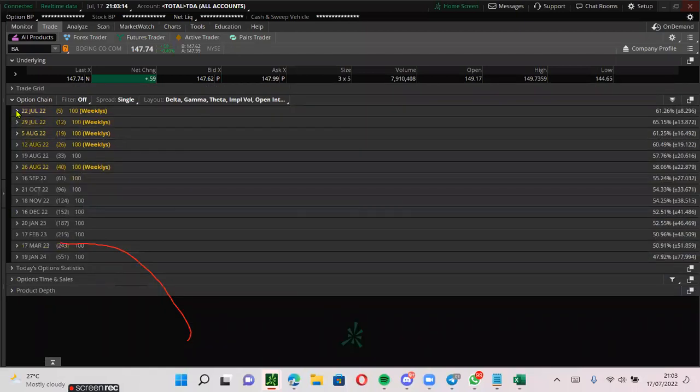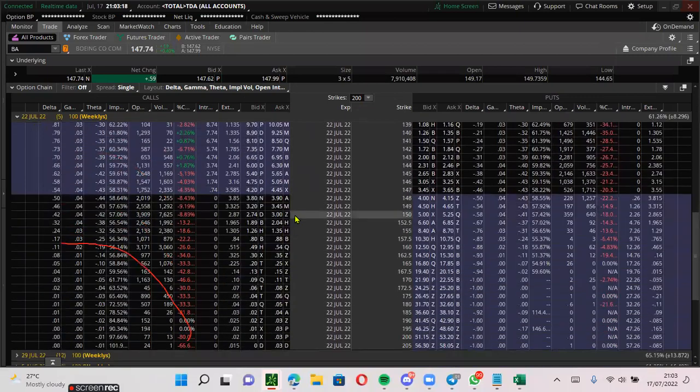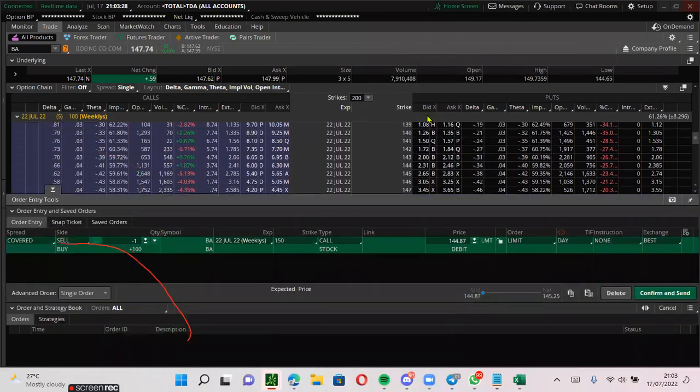Let's say I want to do 22nd, and I want to sell a call of $3. You're buying 100 shares of stock, and you are also selling the call. So this is the covered call.